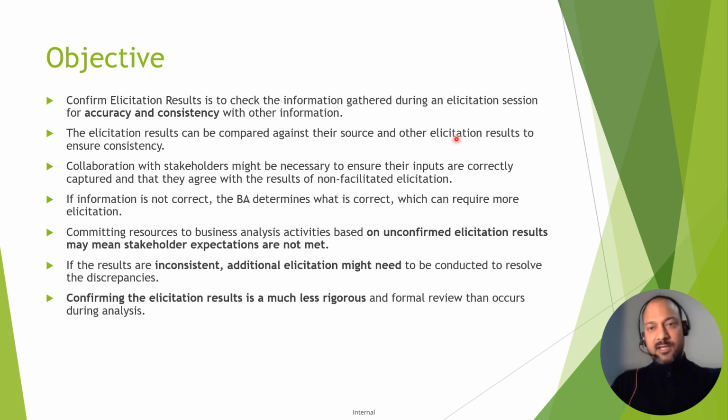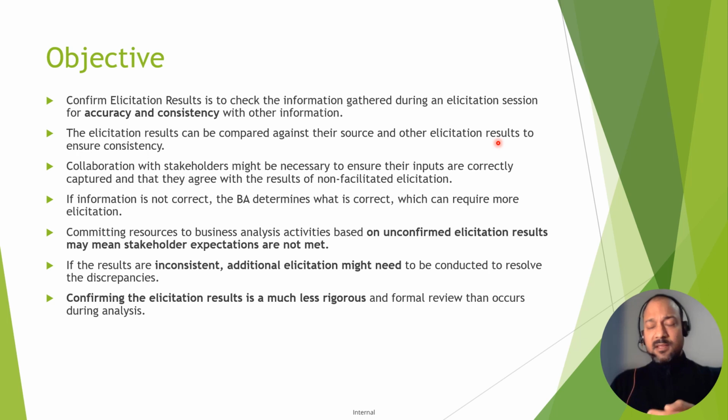And why with the other elicitation results? It could be possible that in different sessions or forums, a similar topic might have been raised and you have also captured that information there. While you were working on requirement design, documentation and detailing out the information, you might be referring to those different forums and gathering that information together.